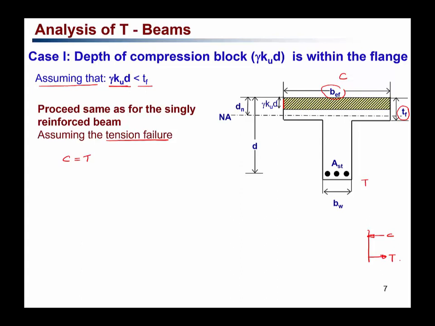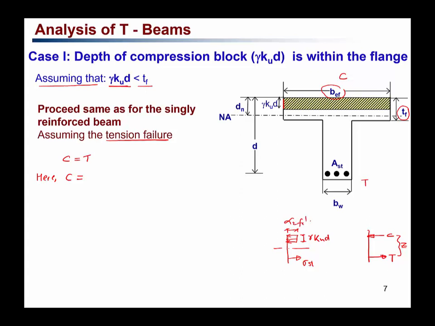The compression force should be equal to T, and the distance between them is the lever arm Z. So equating C equals T here, the compression block C is again the same equation like we did before. If you remember, this is your stress block, and this is sigma ST, the stress in the steel, and this is your neutral axis, and the depth of this stress block is gamma KUD, and the width of this block is alpha 2 FC dash.